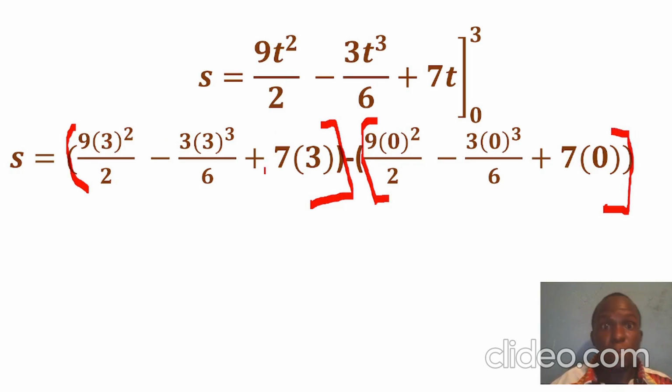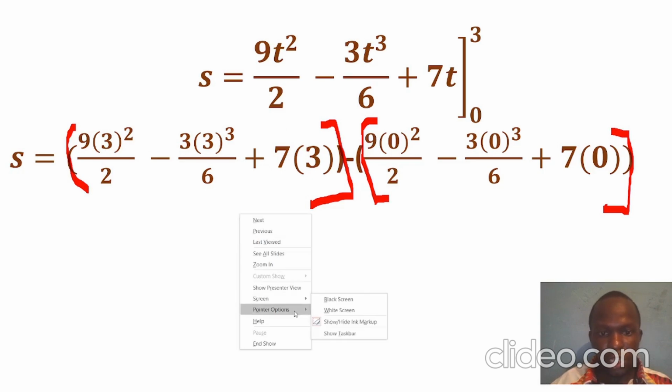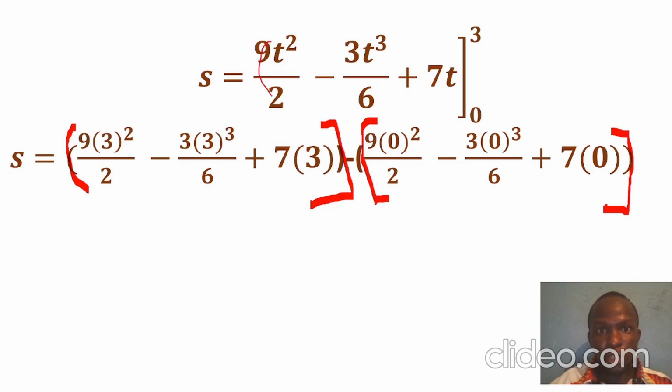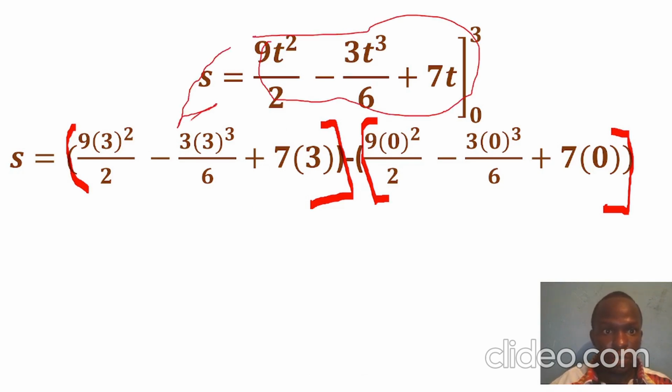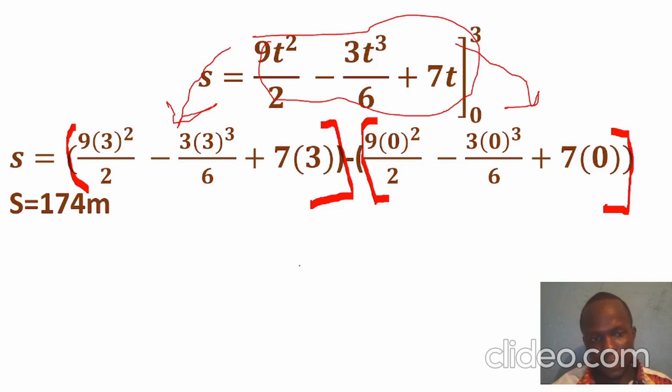You're just duplicating all of this equation here. In the first bracket, you also do the same for the second bracket. But now the substitution is different. In the first bracket, you input the upper limit. In the second bracket, you input the lower limit. Then the final answer becomes 174 meters.